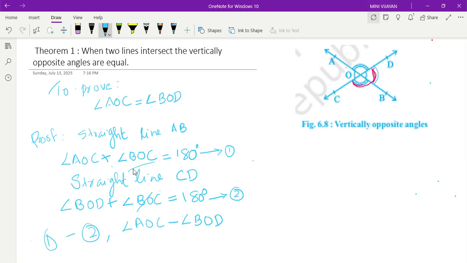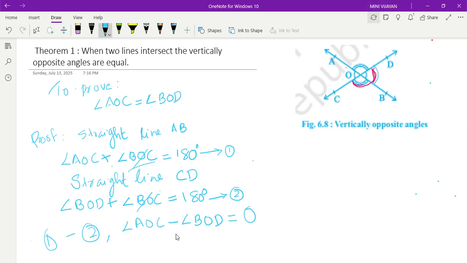So we can simply cancel those two angles. BOC and BOC can be cancelled. Right side, 0 we will get. How can we get that 0? The right side angles are 180 and 180, and 180 minus 180 is equal to 0.